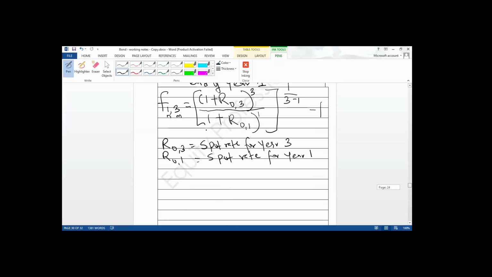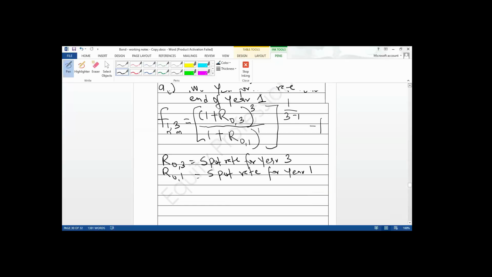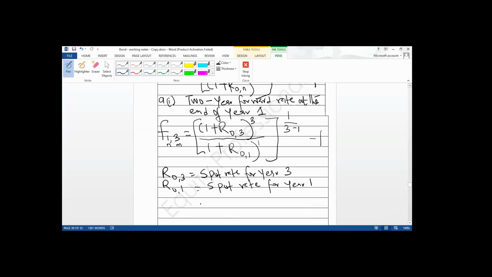Look at it. 1 year forward, 2 years forward rate at the end of year 1. Look at the formula.